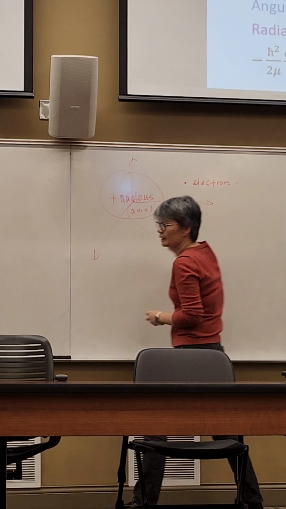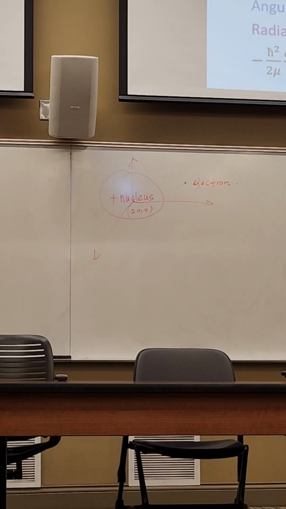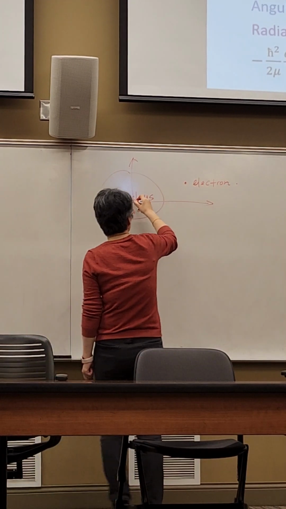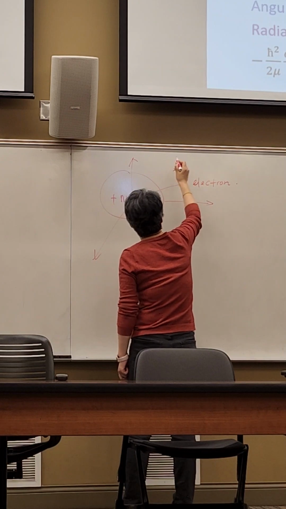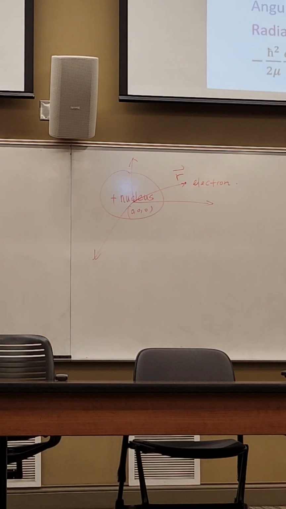You can consider the motion of the electron with respect to the nucleus. Why does that simplify things? Now I only have one coordinate, the coordinate for that electron. So you reduce from 6 variables to a 3-variable system.